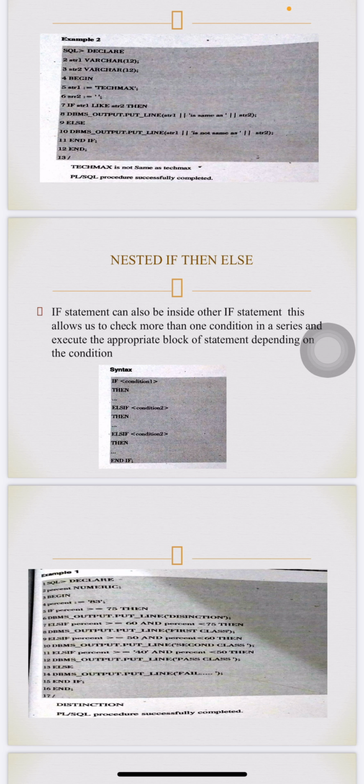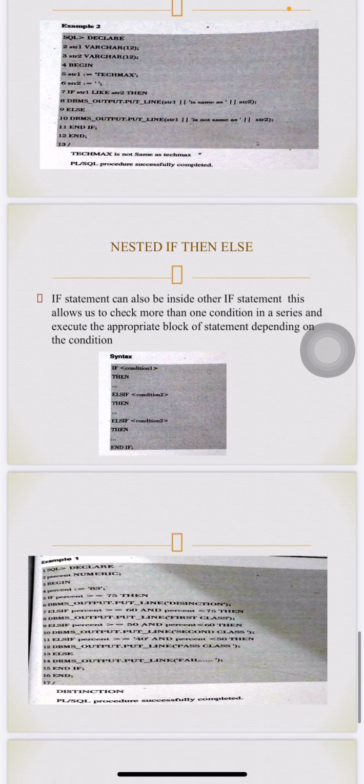ELSIF percentage is greater than or equal to 40 and less than 50, then output pass class. ELSE DBMS_OUTPUT.PUT_LINE('fail'); END IF. Here we are assigning the percentage equal to 83, that's why it is distinction.